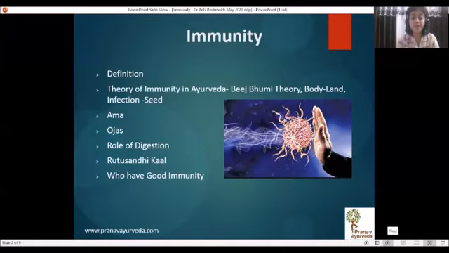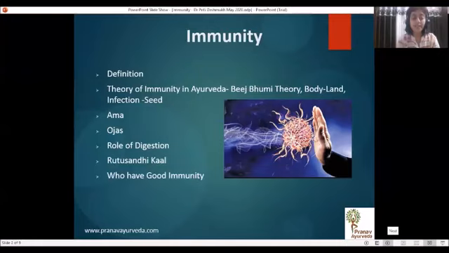Everyone is more susceptible to respiratory problems when the seasons are changing, that is the Rutu Sandhi Kal, such as in fall and early spring. This is because the body functions differently in each season and in transition between the hot and cold seasons.